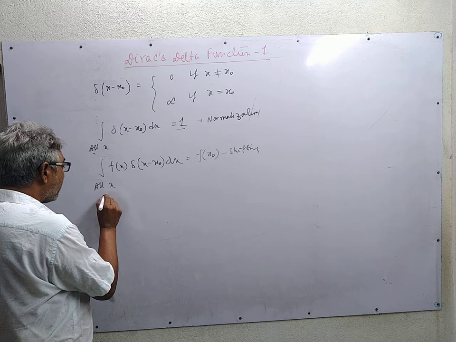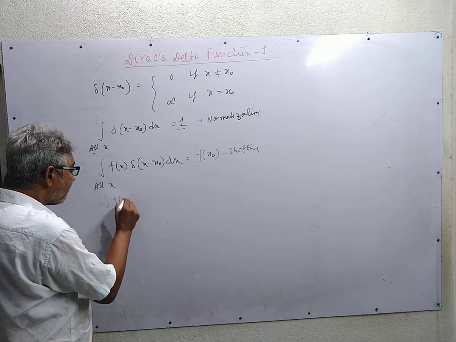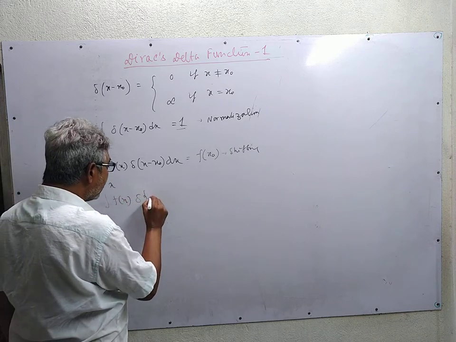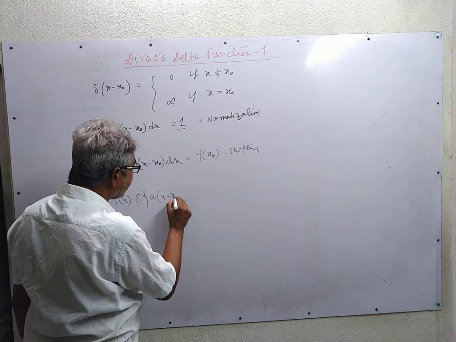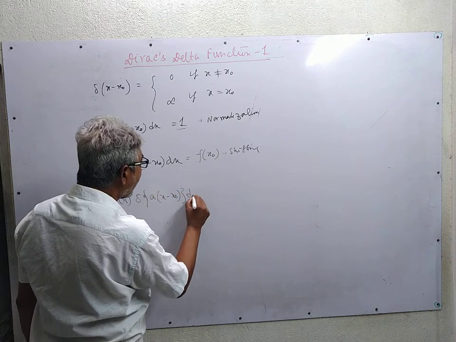Then there is another one: f(x) operated by δ(ax − x0) dx.